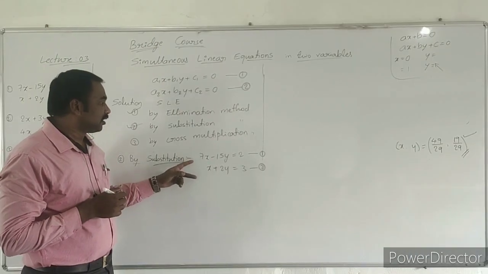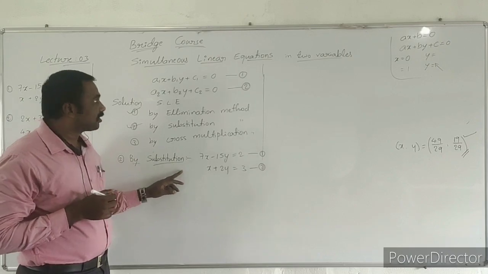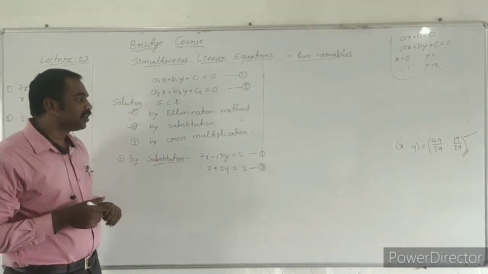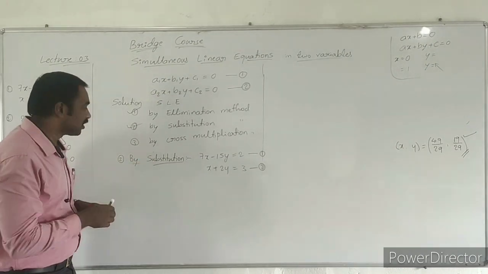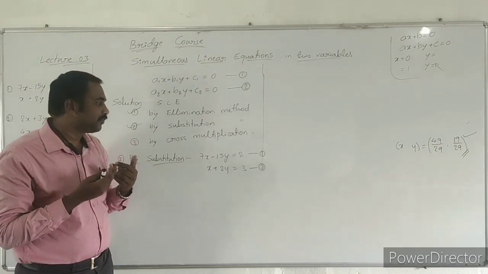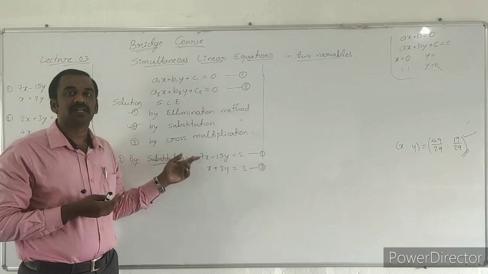Now, solution by the method of substitution of simultaneous linear equations involving two variables. The word itself tells us: substitution. Substitution means substituting one of the variables from any one equation into the other equation.